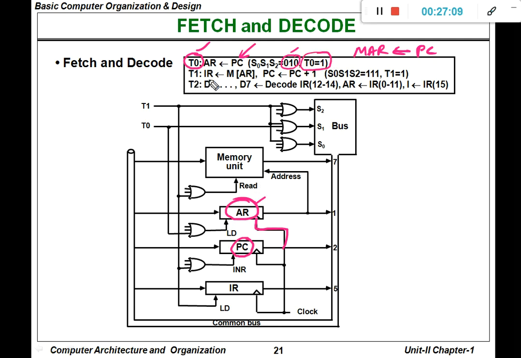So at t1, what do we need to perform? We need to fetch the instruction from the memory and store it in the instruction register. Based on the value in the address register, we fetch the instruction from the memory unit, place it on the bus, and load this instruction into the instruction register. So this is the operation.